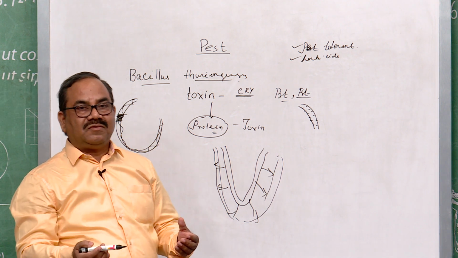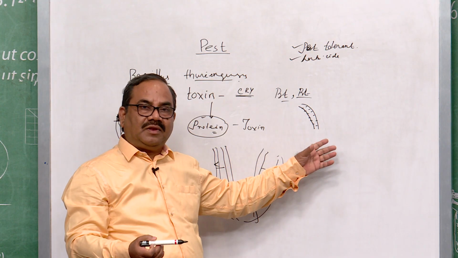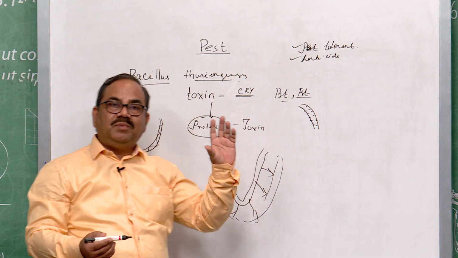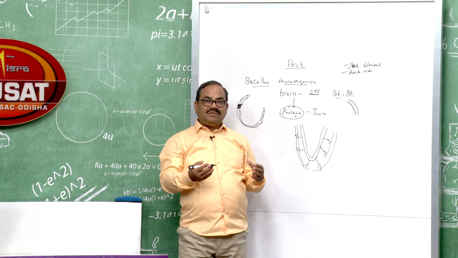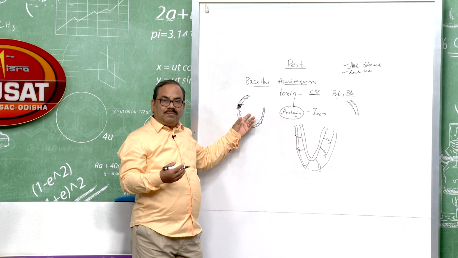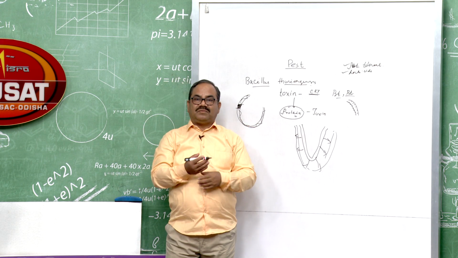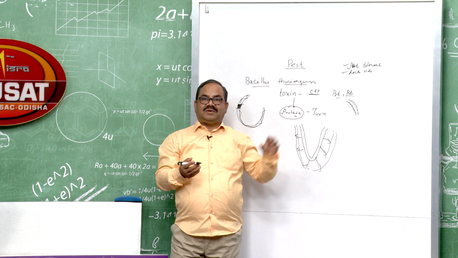When we see a protein expressed as a response to a specific stress, then we can say there must be a gene responding to it. Then we take out the gene and successfully put it into a host plant, mostly crop plants, and there is a very good possibility of developing stress resistant plants.